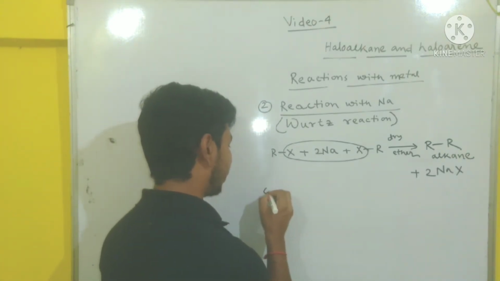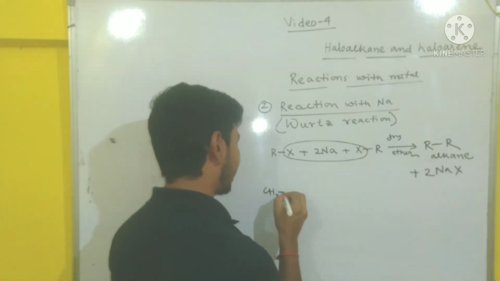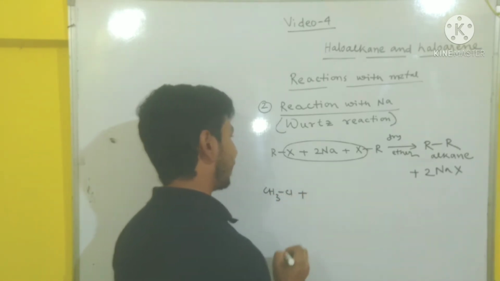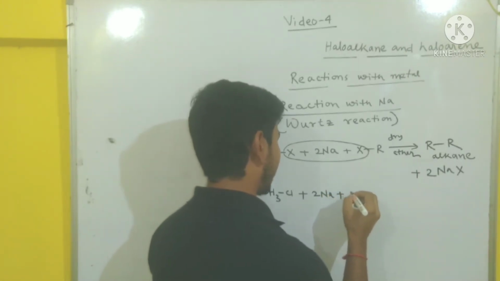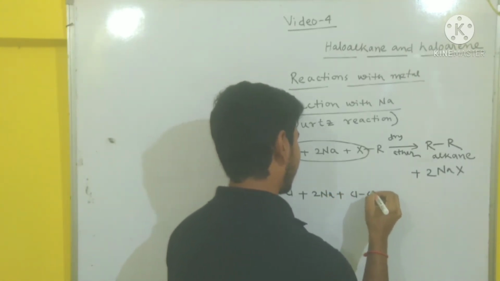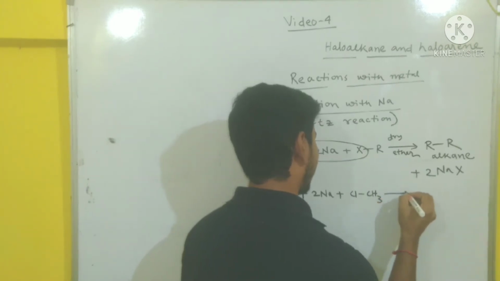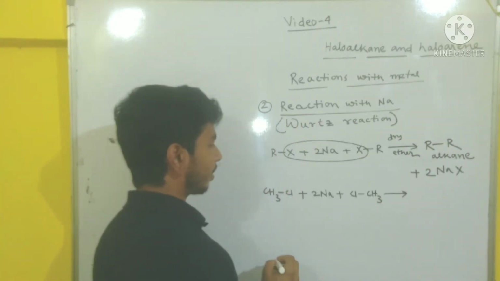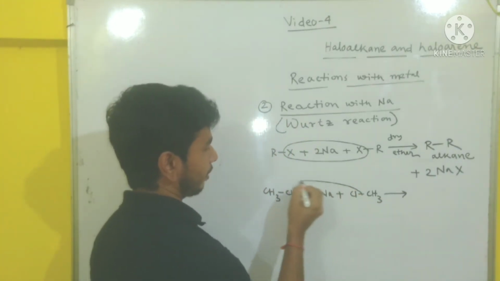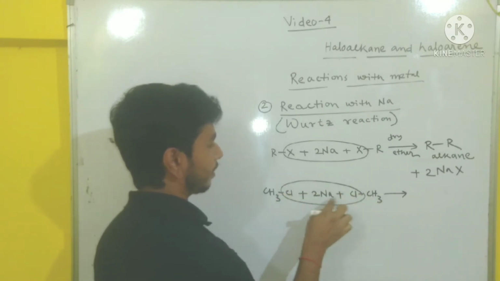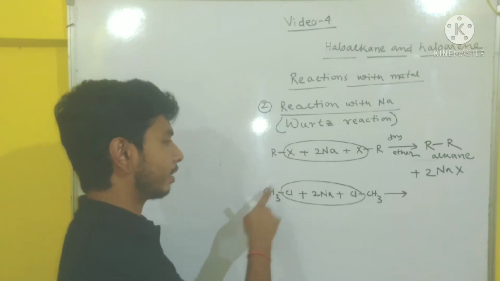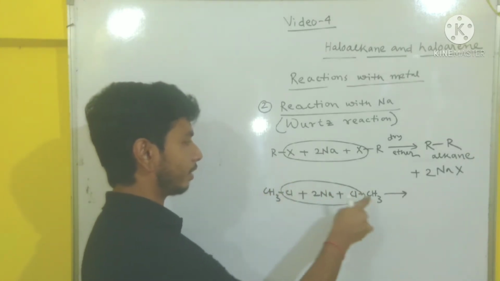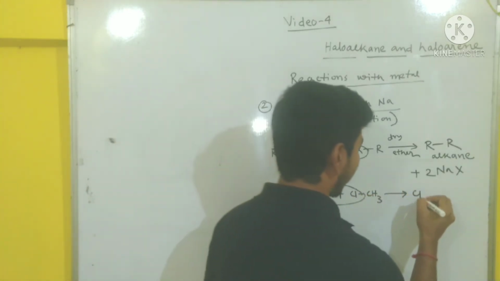For example, CH3Cl plus twice Na plus ClCH3. What will be the product? Twice Na and twice Cl, twice NaCl will get removed. So here CH3, here CH3, that CH3 will get bonded with each other.